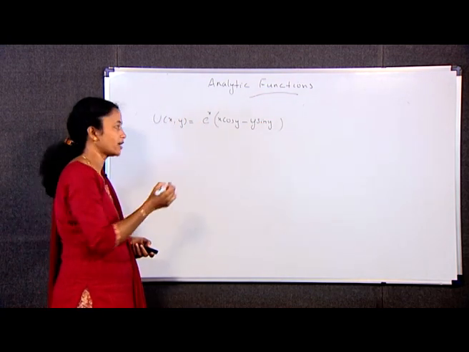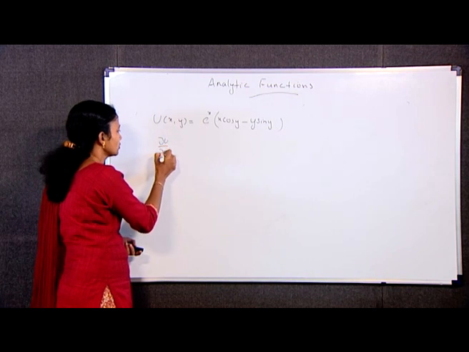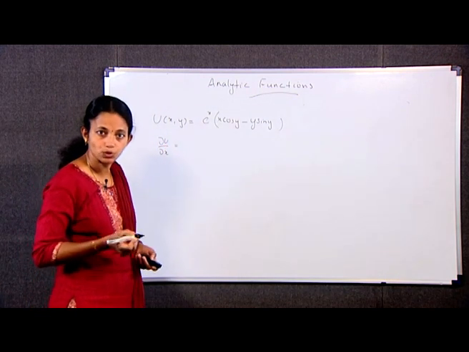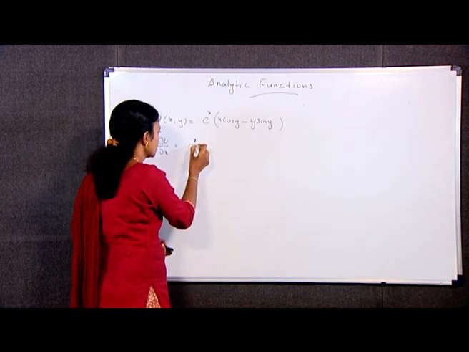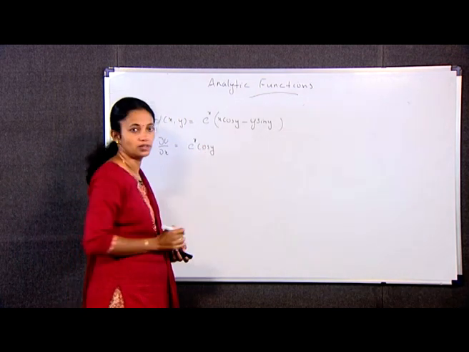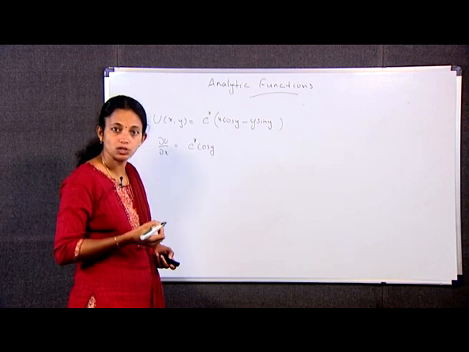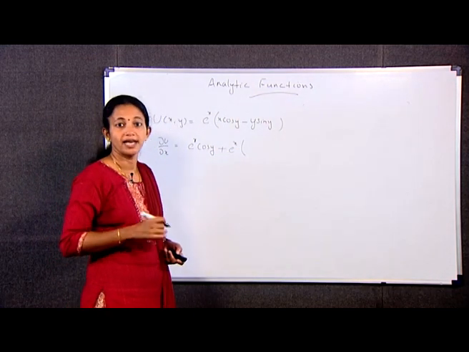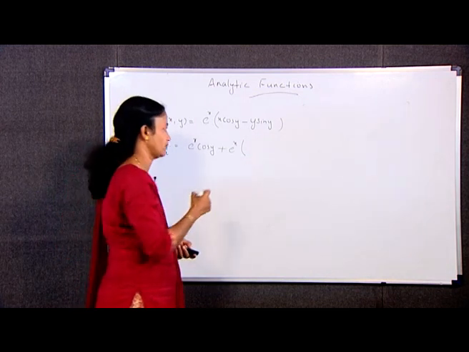Hence, dou u by dou x, differentiating with respect to x, we have e raised to x cos y plus e raised to x into (x cos y minus y sin y).